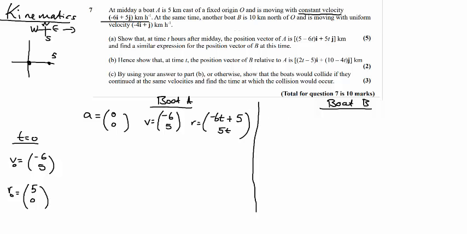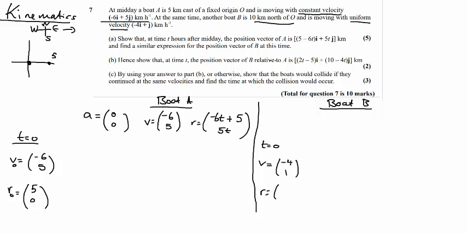At the same time, another boat is 10 kilometers away. So this is going to be the initial thing as well, so t equals 0. Its velocity, by the way, uniform velocity, that's another way of saying constant. So we know it's moving at minus 4, 1.